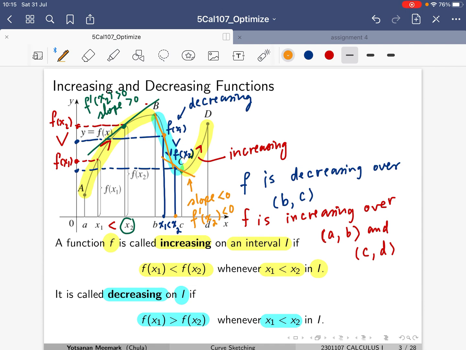So from looking at the slope of the tangent line, you can also determine whether the function is increasing or decreasing, instead of looking at the curve of the graph itself.